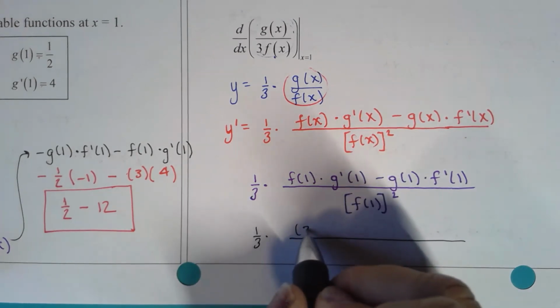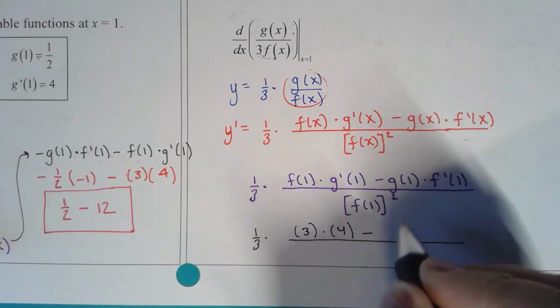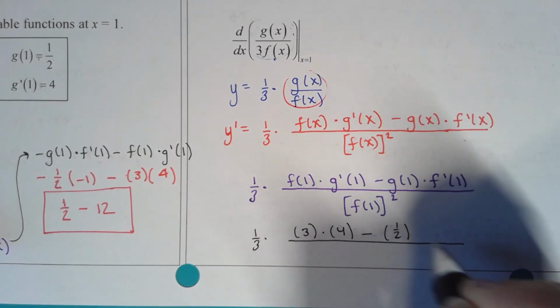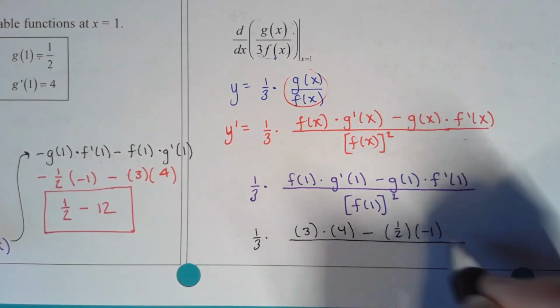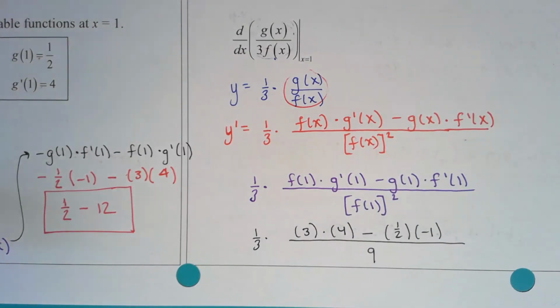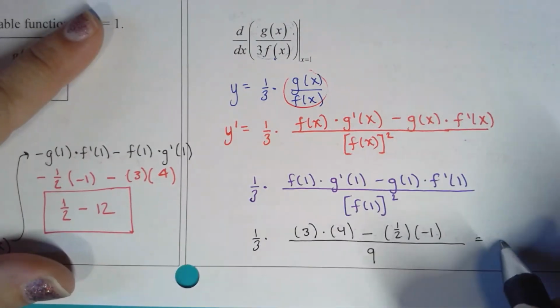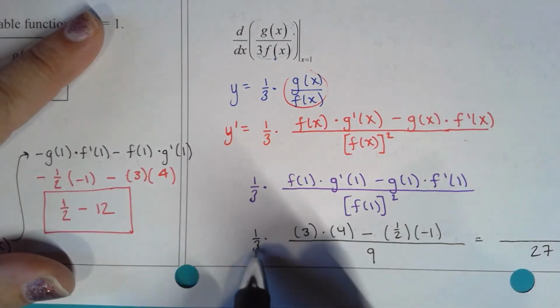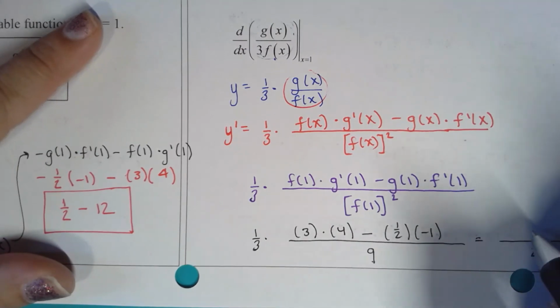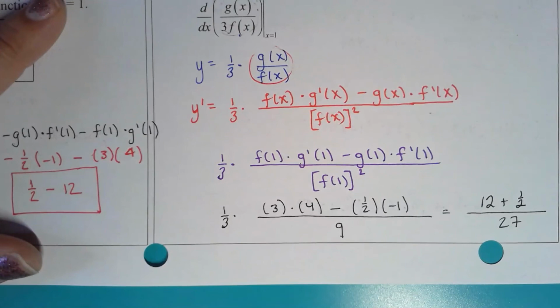So f of 1 is 3, g prime is 4, g of 1 is 1/2, f prime is negative 1, f of 1 is 3, and 3 squared is 9. Beautiful. So we really have 1/3, or how about now we could call that something over 27, right? We're dividing by 3 and 9, and we're left with 12 plus 1/2.